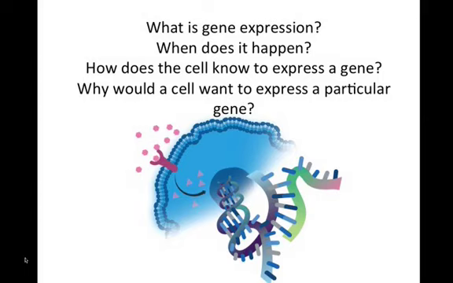So how does a cell know to express a gene? There's some kind of signal saying you need to upregulate the gene. Okay. So let's go with, there's some signal in the cytosol, and how does it actually get to gene expression?